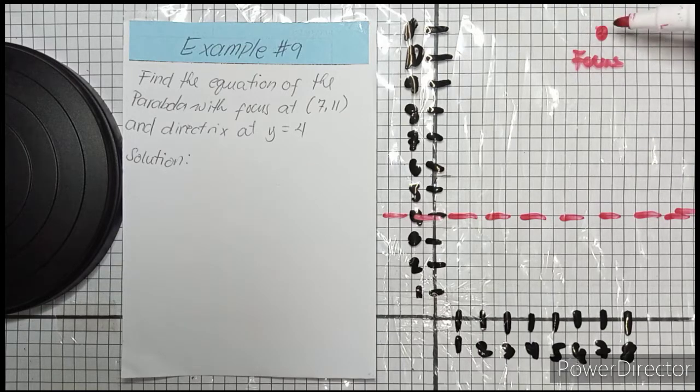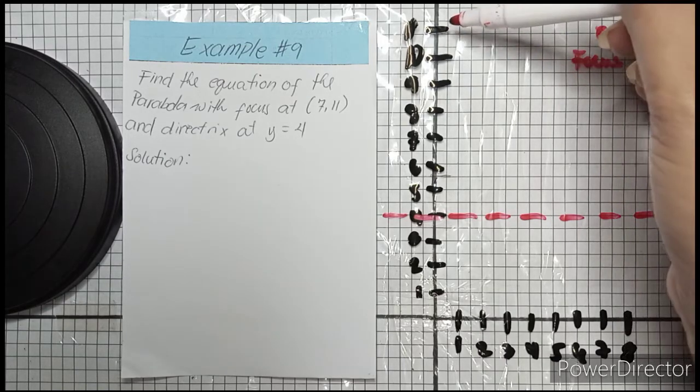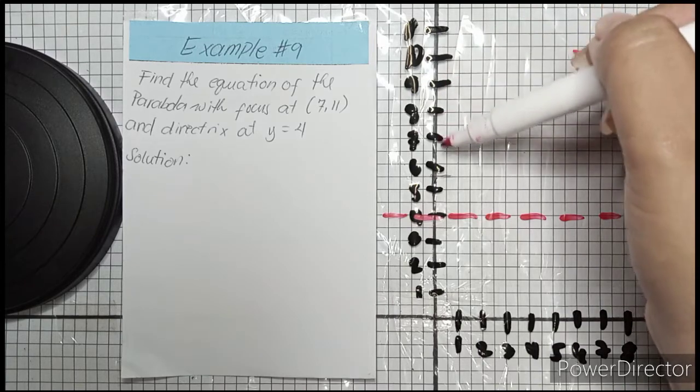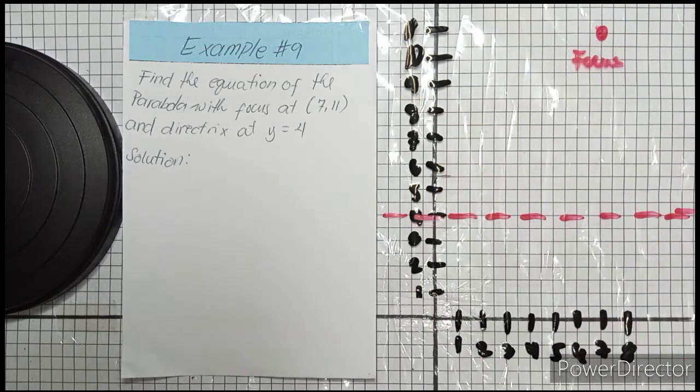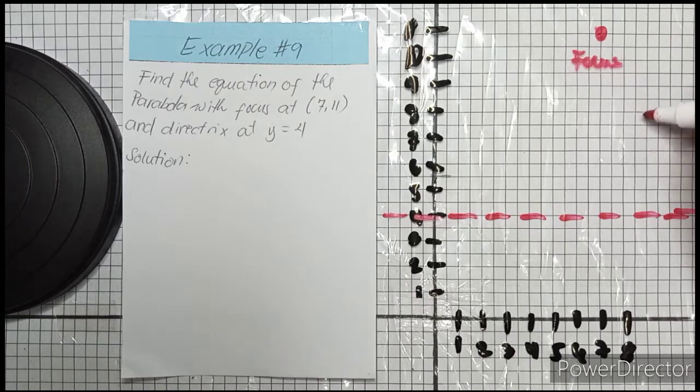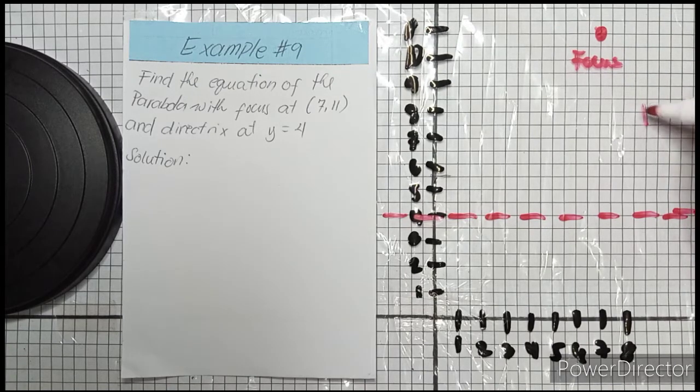Okay? So, this is our focus. So, 1, 2, 3, 4, 5, 6, 7. So, our distance is 7 units.